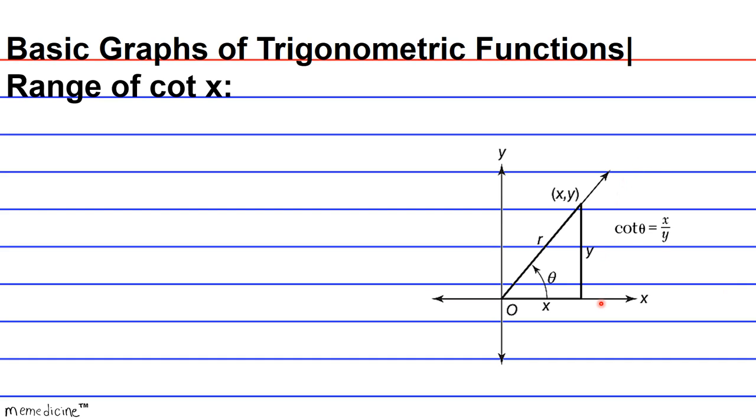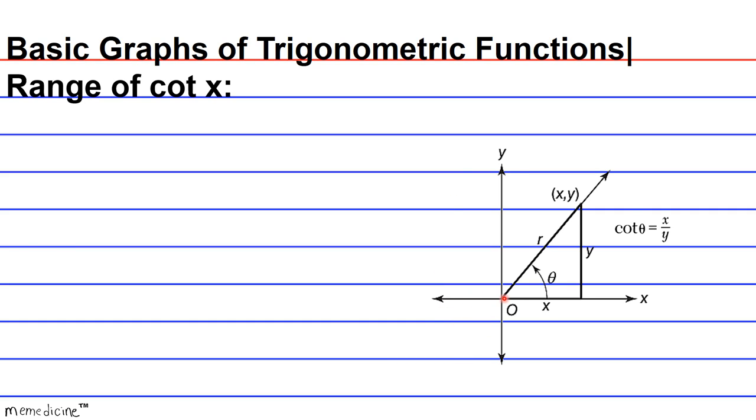So basically, if this is theta, your cotangent is going to be the adjacent side divided by the opposite side. And here on our Cartesian coordinate plane, we can have an adjacent side that's negative and positive. Negative in the case that the x-coordinate is on the negative x-axis in quadrants 2 and 3.